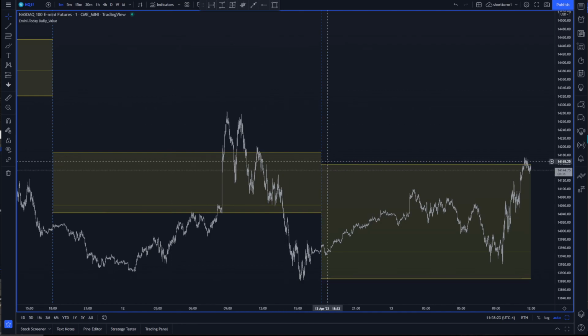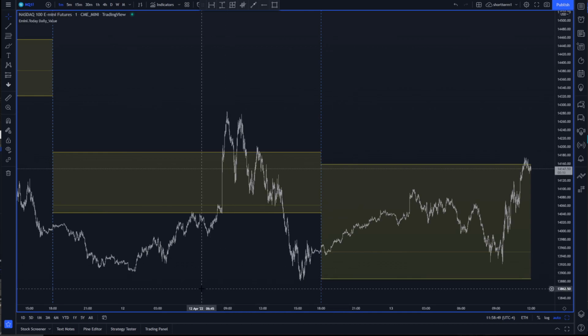So you have value area high and value area low, and this thin line here is VPOC, volume point of control. But in this particular strategy, I'm not using it at all. Just the value area high and value area low.